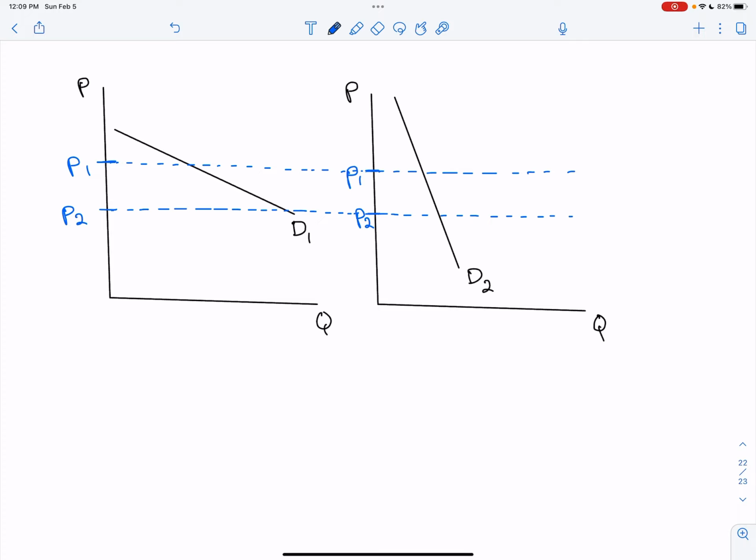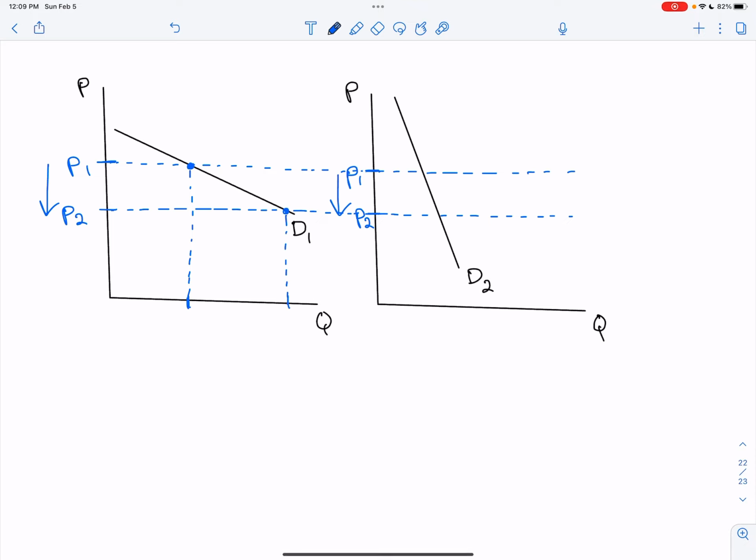Okay, and now let's say that our price has decreased from P1 down to P2. So that would result, of course, in an increase in quantity demanded as per the law of demand. So let's just draw out that increase.